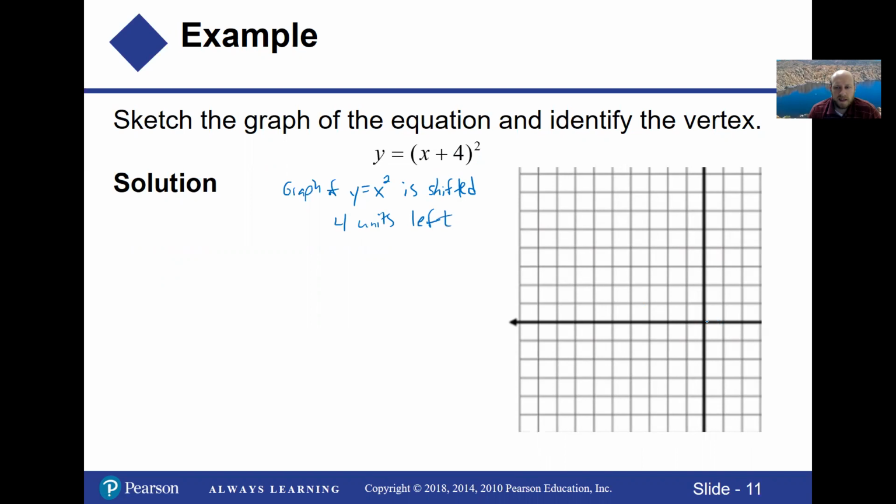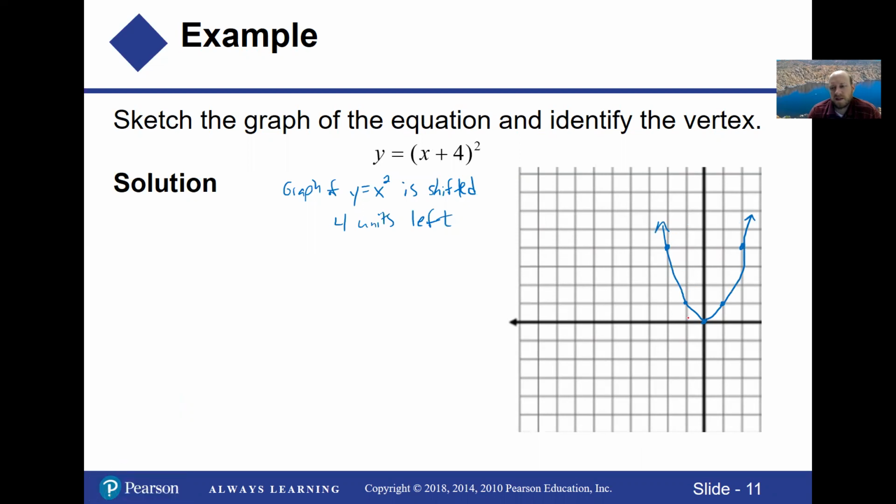Again, you can graph your base function, and all we're really doing is sketching this. The blue is y equals x squared, your base function, a parabola in that U shape.